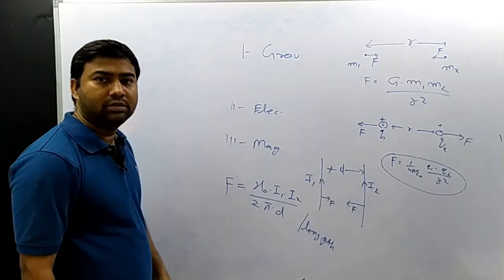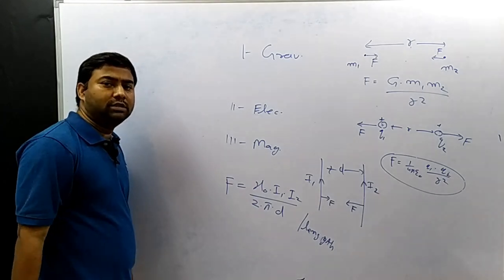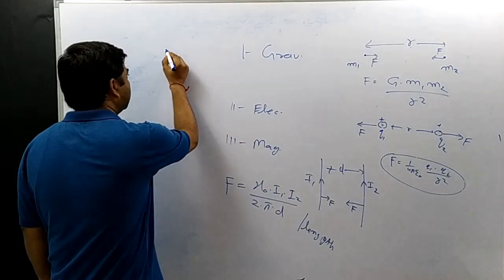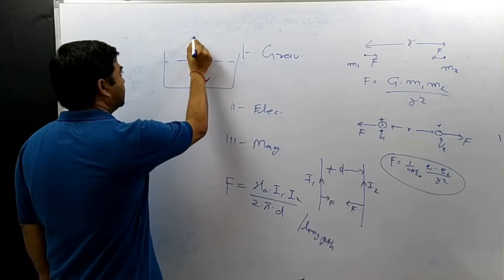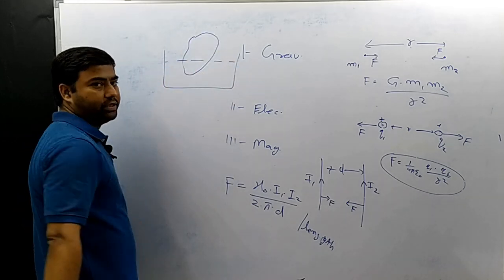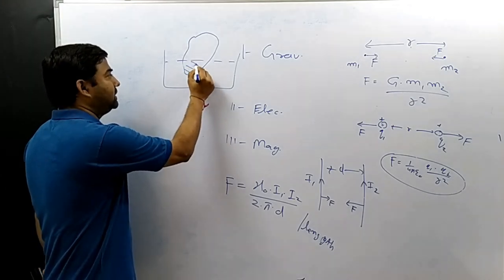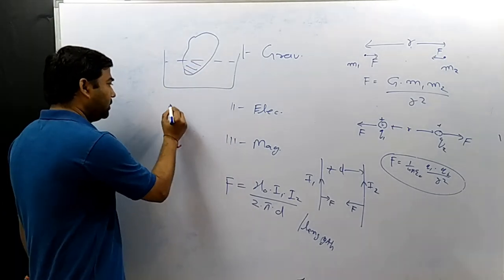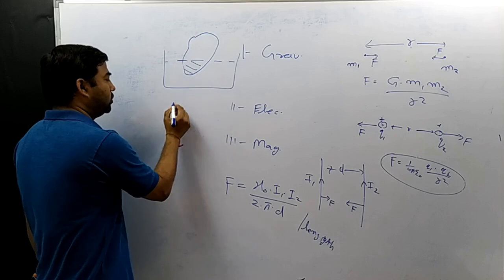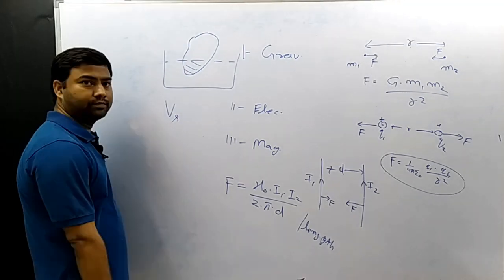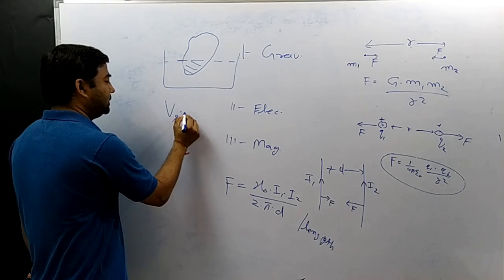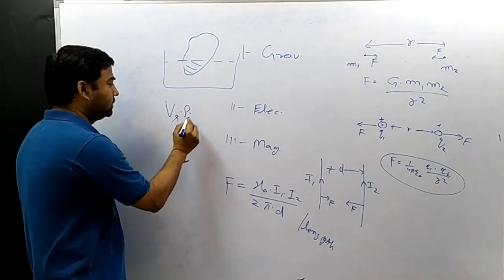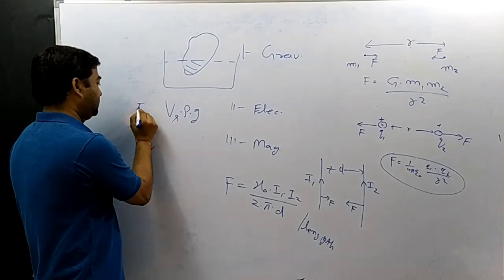This was magnetic force. You will also see other forces like buoyancy force. If this is a submerged body, let the submerged volume be Vs. So the force of buoyancy will be Vs into density of liquid into gravity.